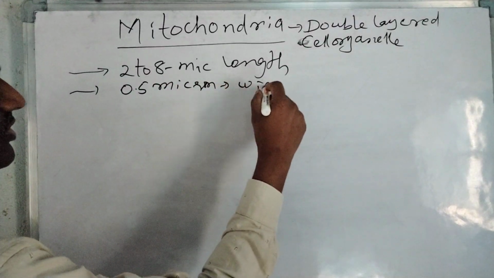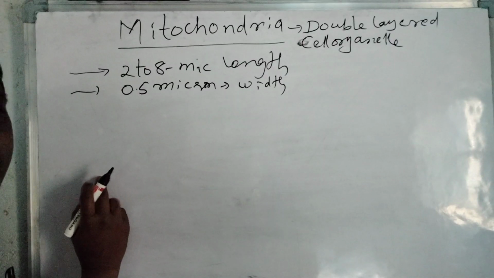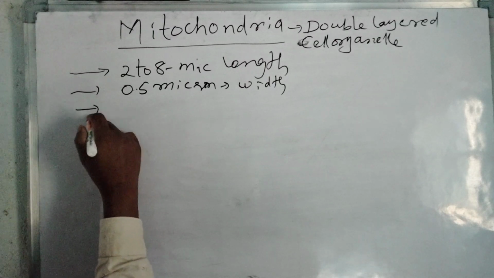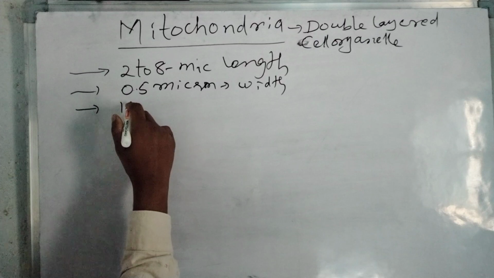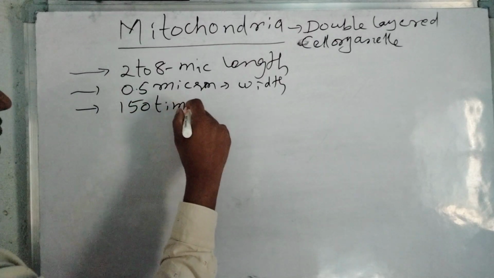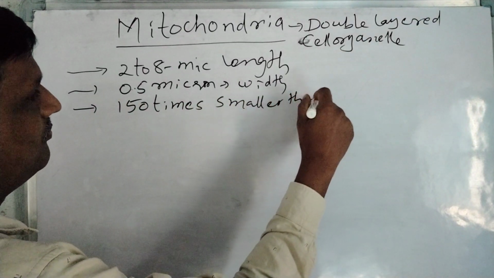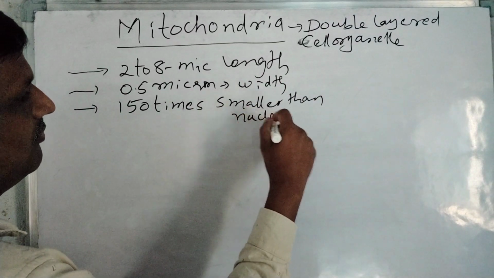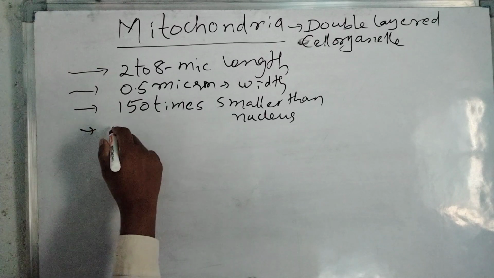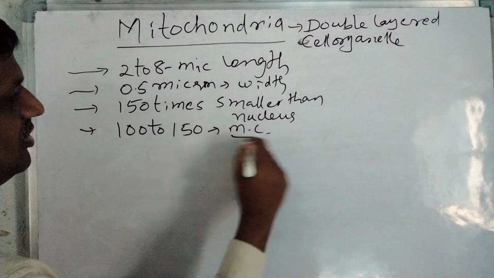It is about 150 times smaller than the nucleus. In each cell, 100 to 150 mitochondria are present.